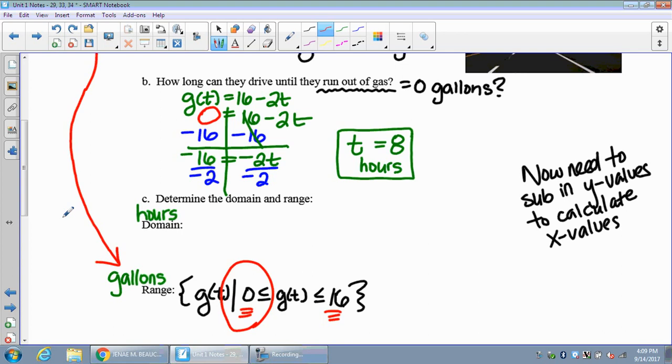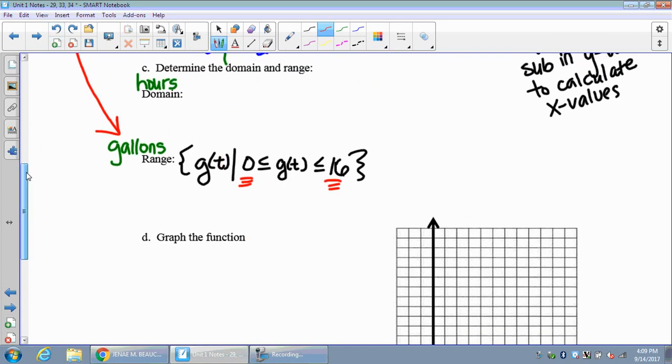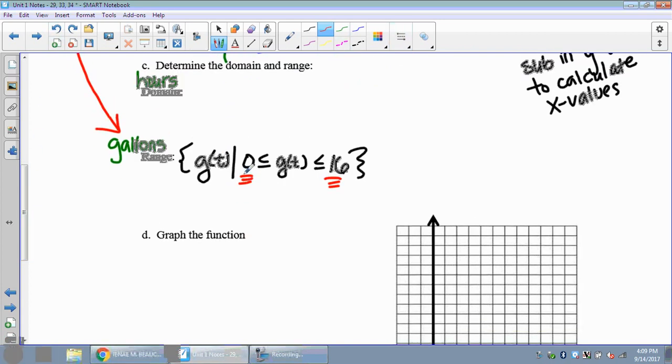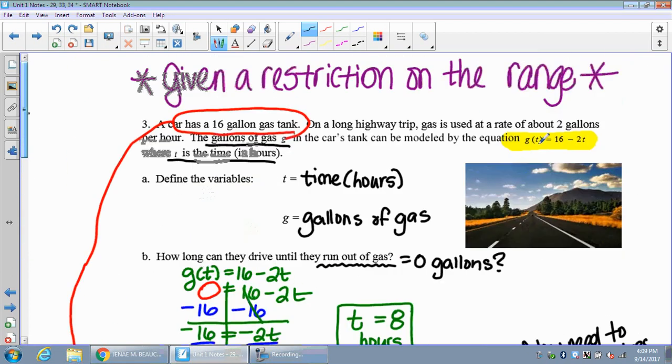Check out part B. You've already figured out how long it'll take you to have 0 gallons of gas. Bam, 8 hours. Let's prove it to ourselves though. Let's pretend that hadn't been the question. Off to the side I could say, okay, I have to let Y equal 0. So I would calculate 0 equals the model G of T equals 16 minus 2T.